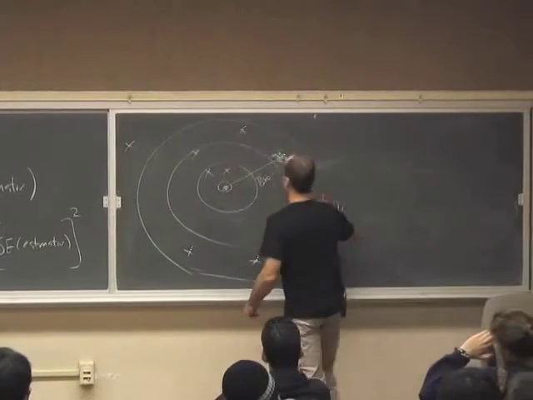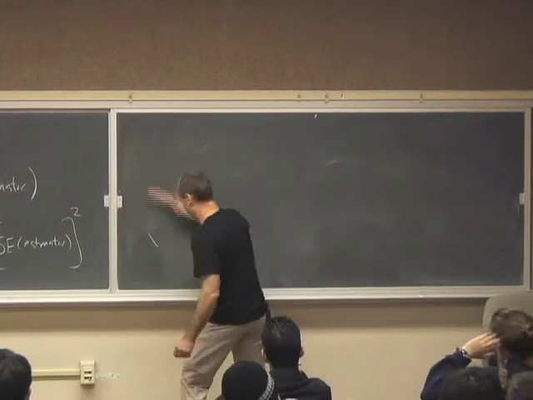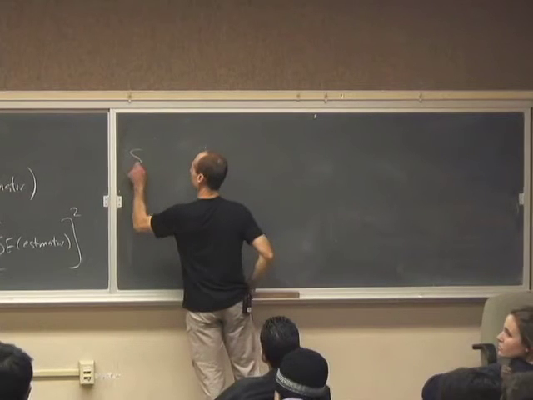Okay, we've got SD box over root n. And this is a simple random sample, so there's one more thing in that. Yep.